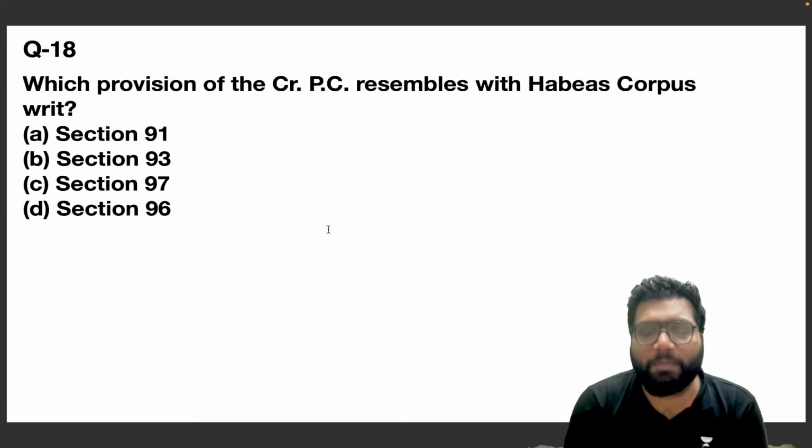Which provision of CRPC resembles the concept of habeas corpus writ? Produce the body.